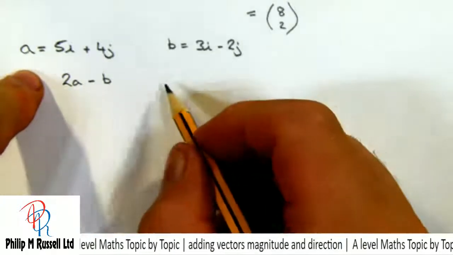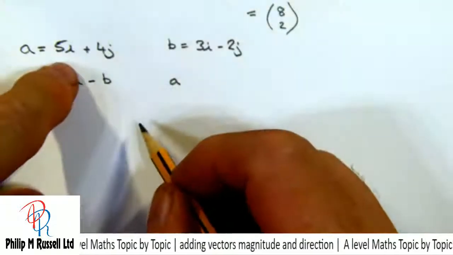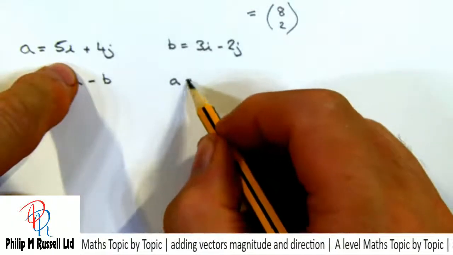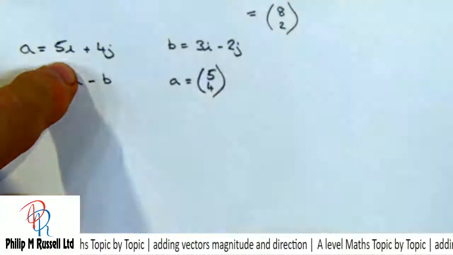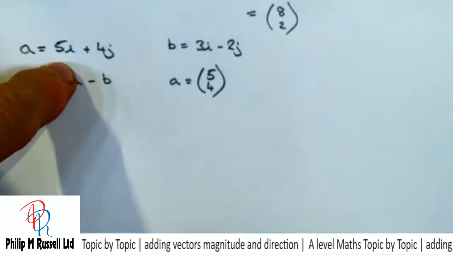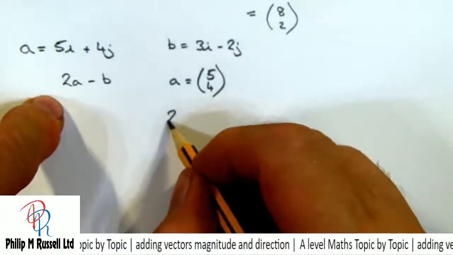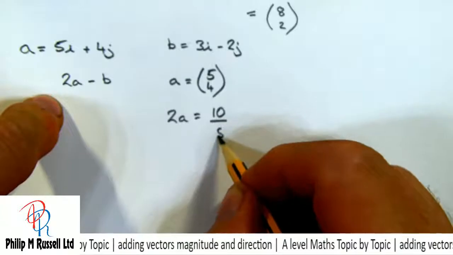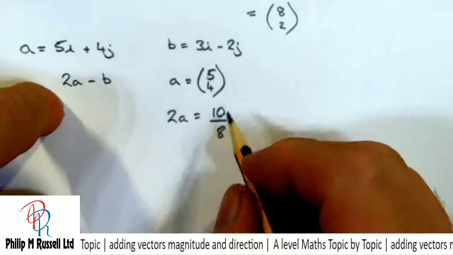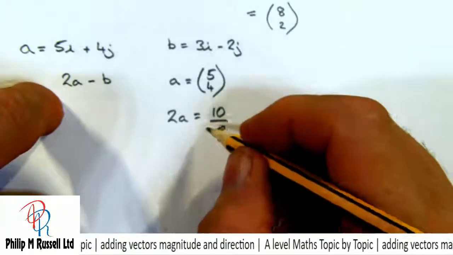Well, I could look at A, if I wanted to, as simply being 5 over 4. And if I then want 2A, that's going to be 10 over 8.